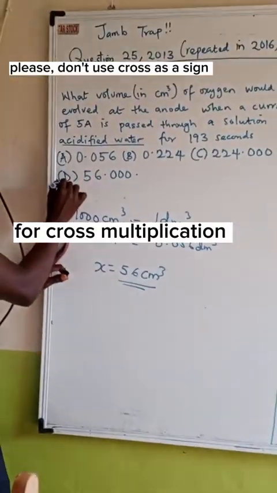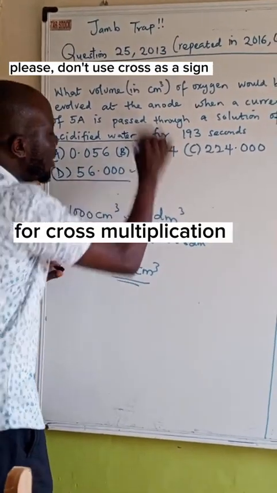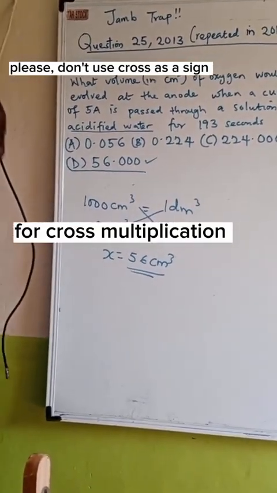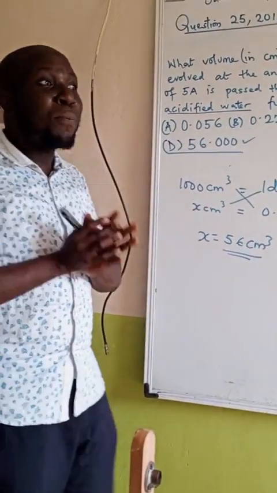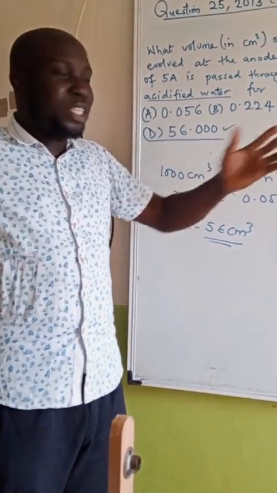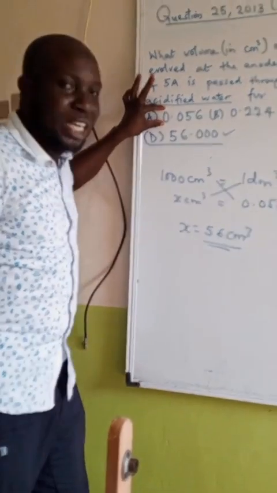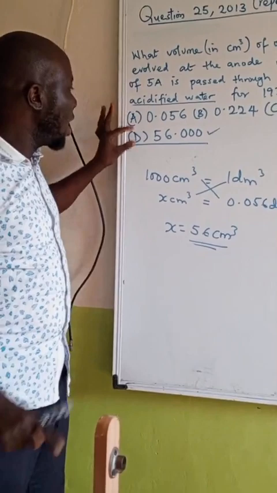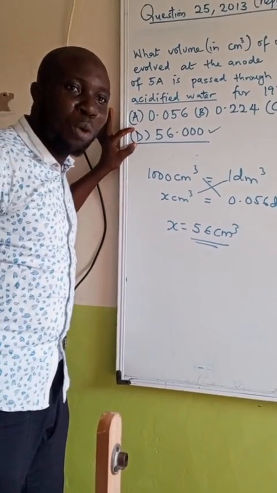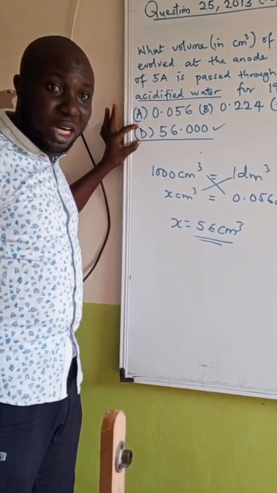And the right answer to this question is option D. Look at that trap. They set the trap for you. After passing through a very long stress, you got what is in option A. But the right answer is what is supposed to be in option D. Do you get it now?